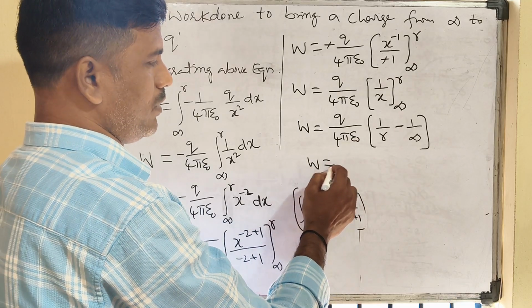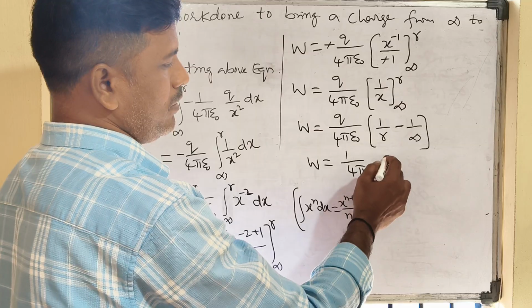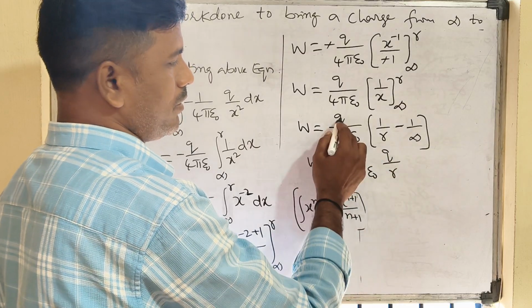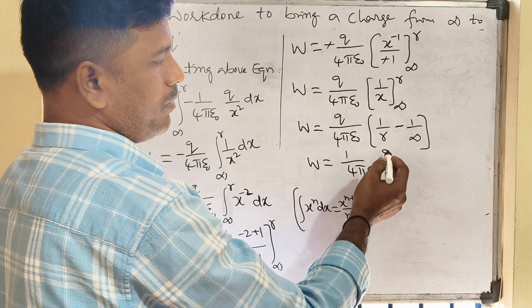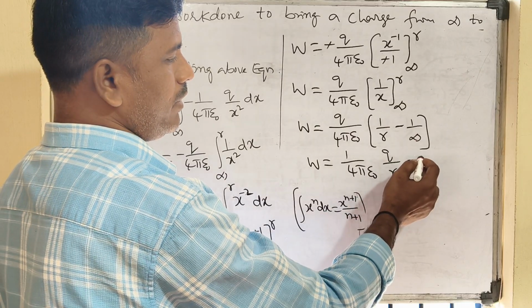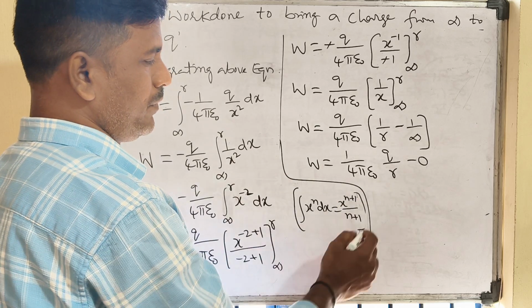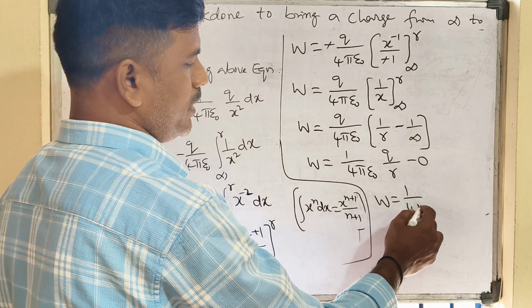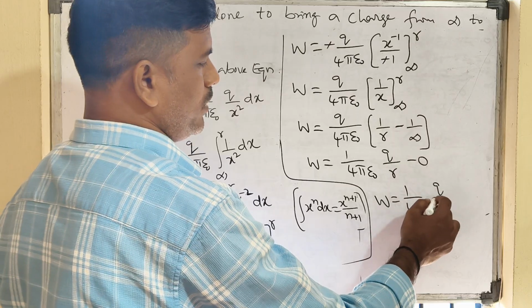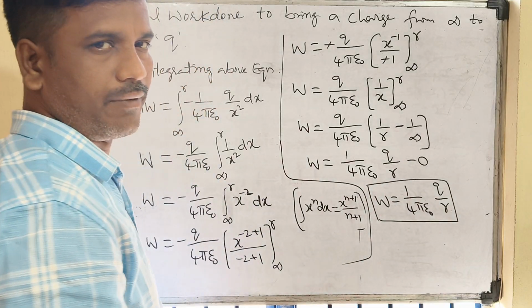The value of 1 by infinity is 0. So w is equal to 1 by 4 pi epsilon naught q by r. So this is the final equation.